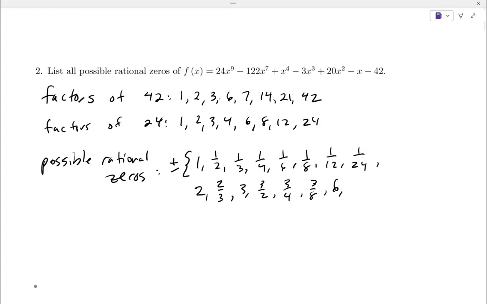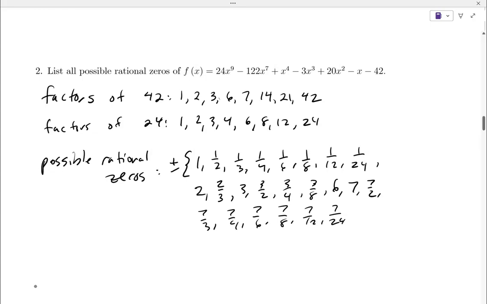Okay. The next one will be 7. Notice that 7 doesn't have anything in common, so those will be different ones.